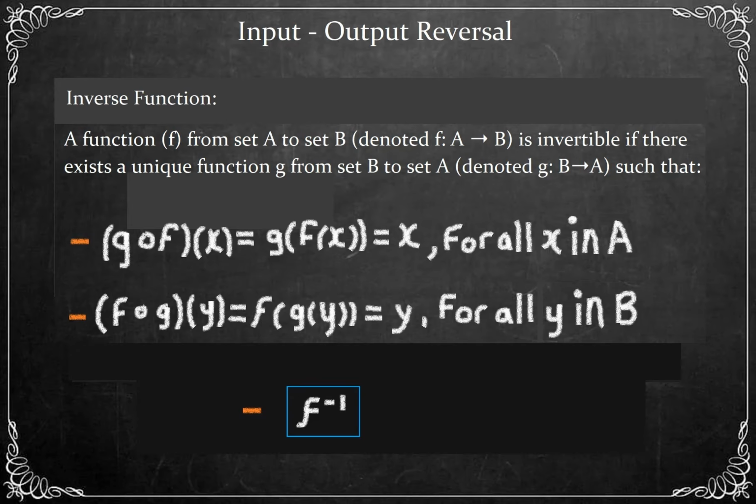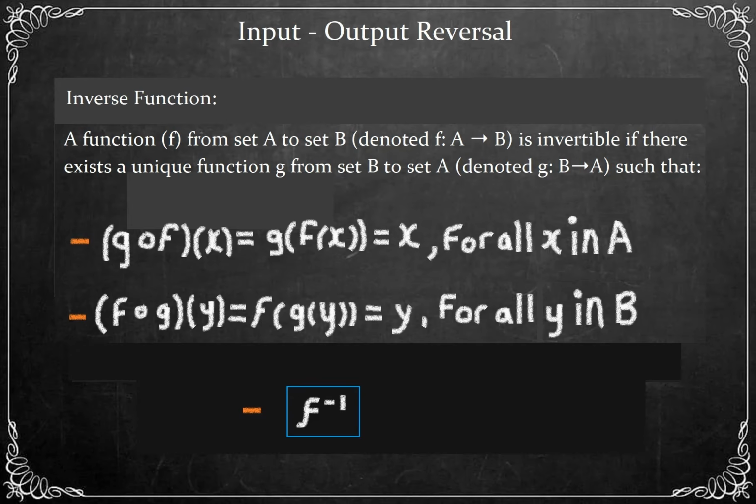Next, the inner function of f circle g, g of y, or the output of g. See that? Although there's another duality happening because g of y is the output of g and the input of f. But then the notation helps to clarify, which conveys we actually have f of a, which returns b.